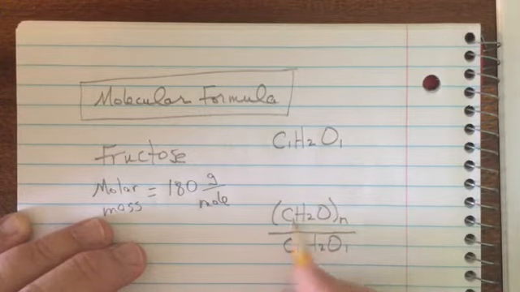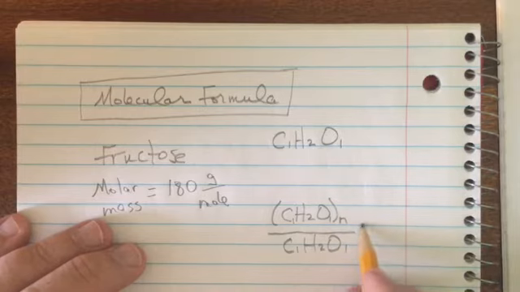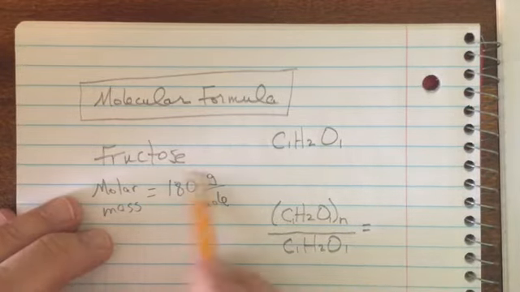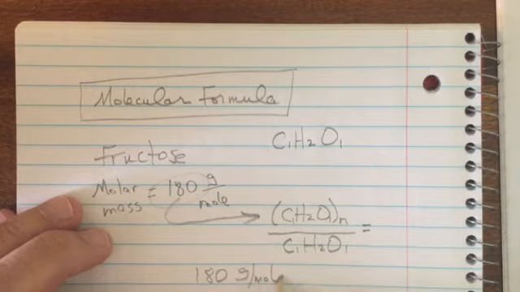I'll go ahead and make it consistent, put ones. Even though there's no subscript, of course, you know that to be 1. What is that ratio? Well, we're given this number for the numerator. So we know the numerator is 180 grams per mole.